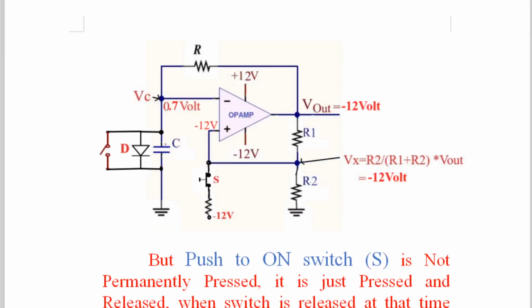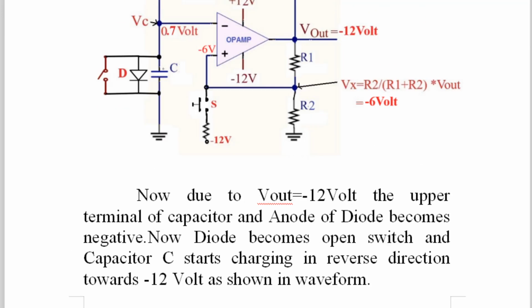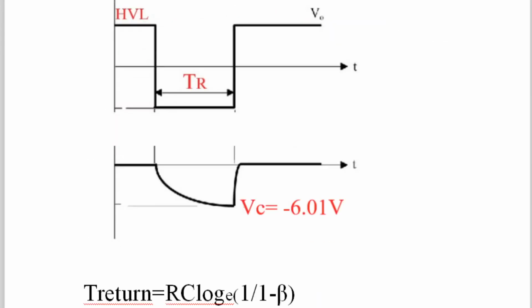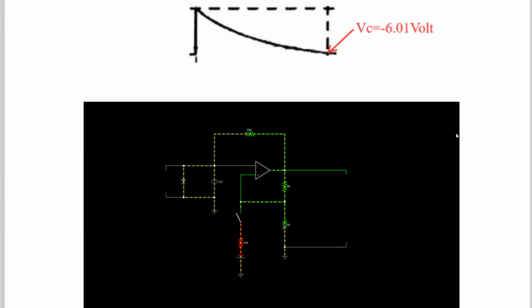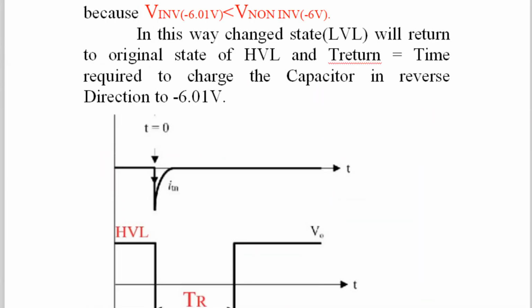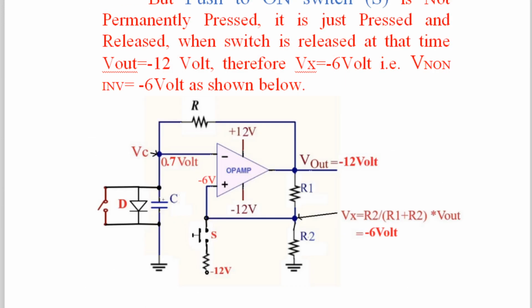Why? Because the voltage at the non-inverting terminal was thrown to -6 volt by which component? By R1 and R2 only. So you can throw this non-inverting pin not at -6, you can throw it at -9 also.